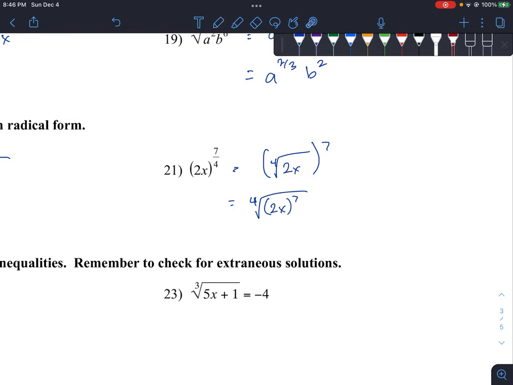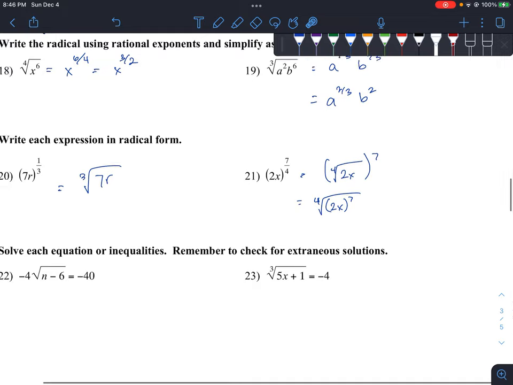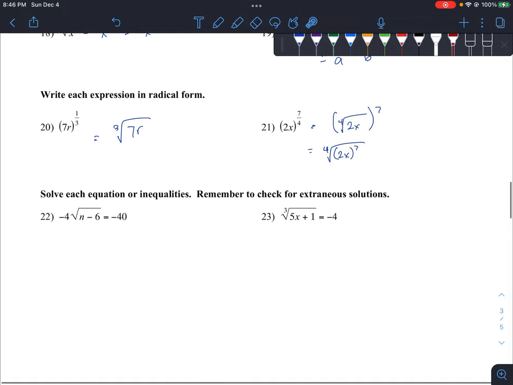Just note that it can't be only x to the 7th, so that's why I have these parentheses right here to indicate that the 7 applies to both the 2 and the x, because that's how it was given to me. It was in parentheses like that. So the power of 7 over 4, that whole thing applies to both the 2 and the x. So that's why the parentheses are necessary. Okay.